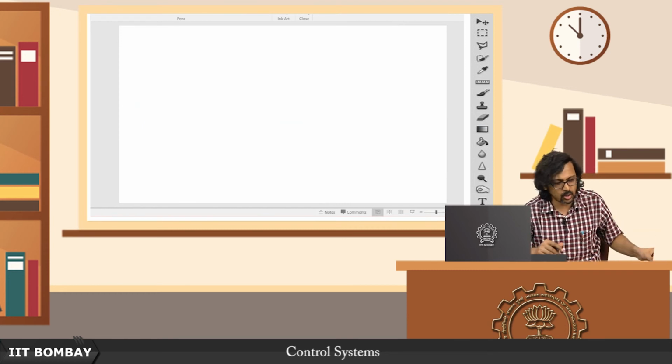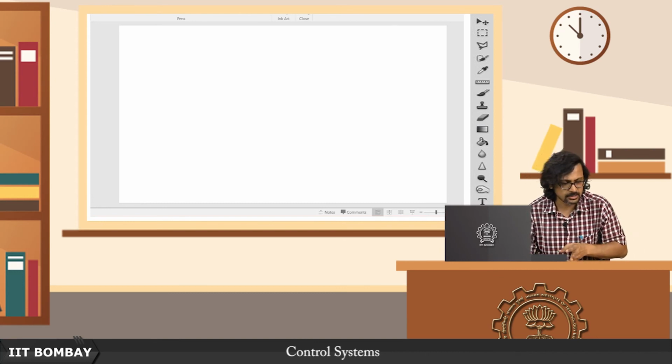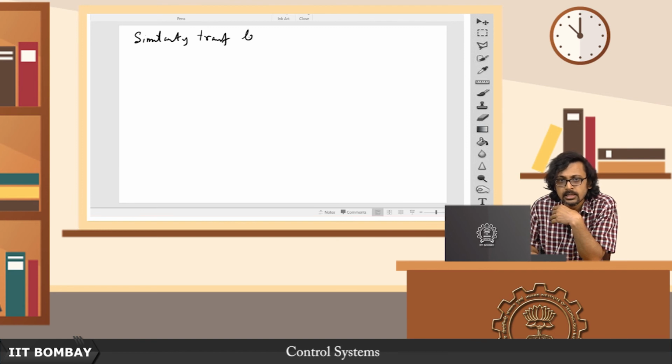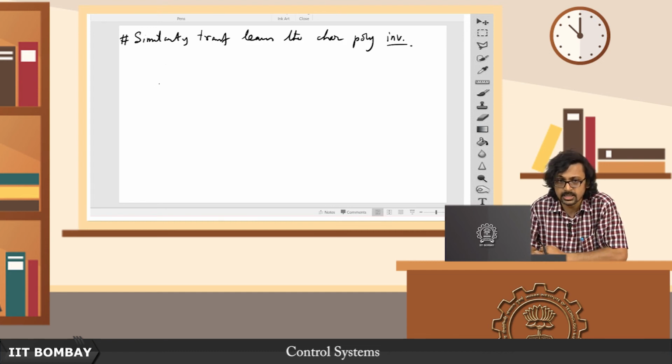That is what we would do well to remember. Now of course this is a brief digression, but that brings us back to our main point. What I am trying to show now is that similarity transformation leaves the characteristic polynomial invariant. So here is the claim, in words.